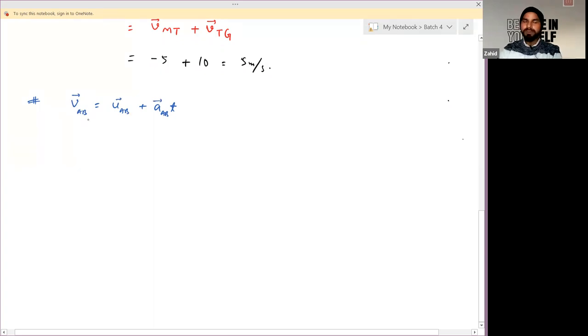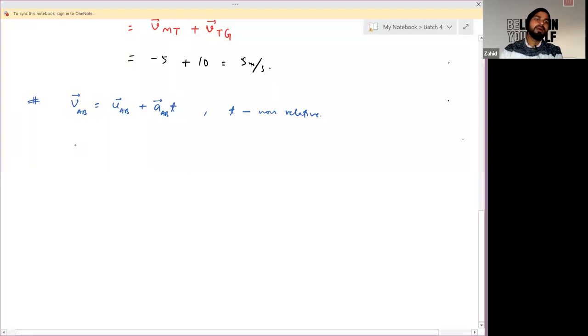Velocity of A with respect to B would be equal to initial velocity of A with respect to B and acceleration of A with respect to B. Time is non-relative for your course. Time will be relative if velocity of body will be comparable to speed of light. Then you will learn theory of relativity, or Einstein's special theory of relativity.